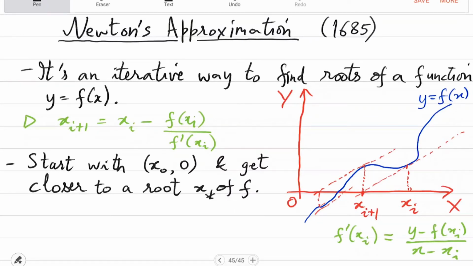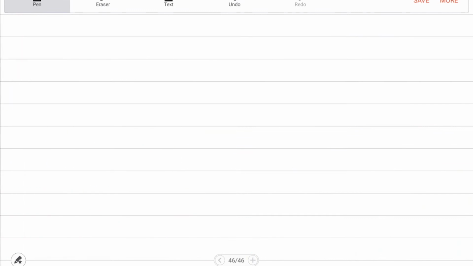So x0, x1, x2 may meander a bit, but as you go further and further, ultimately it will be converging to a root under some moderate conditions. So yeah, I can give the basic algorithm which in general you use.